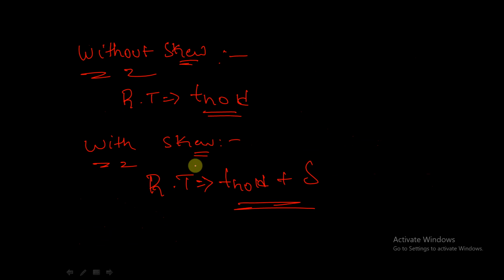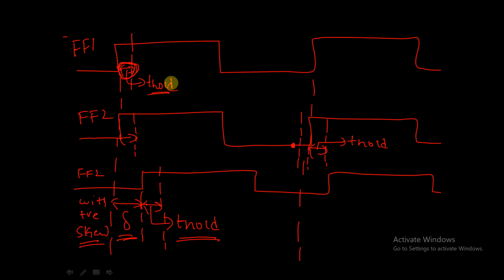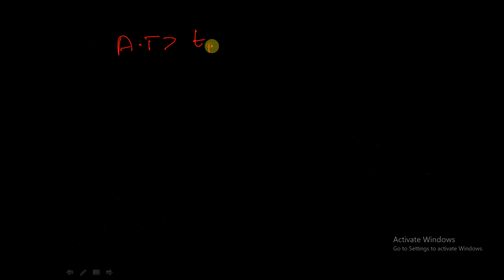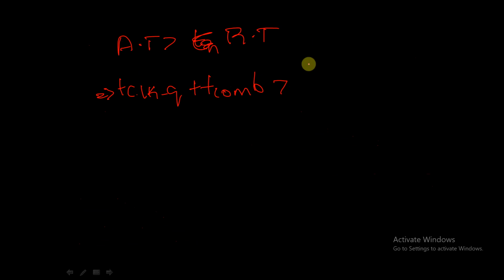And for avoiding hold time violation, what should we do? Our arrival time should be greater than the required time. That is, t clock to q plus t combinational should be greater than the required time. What is the required time? T hold plus delta, right?